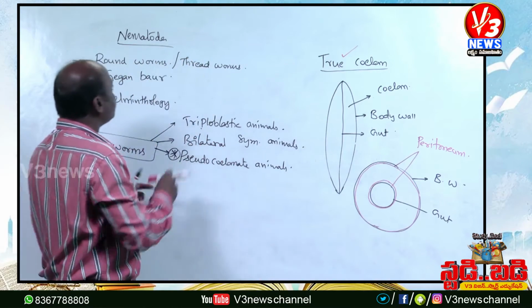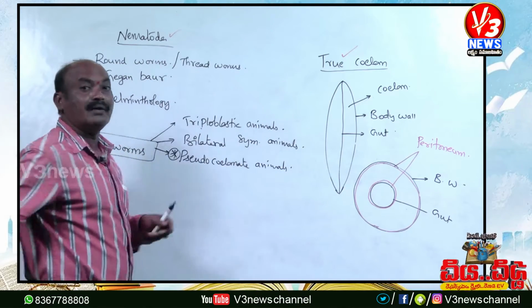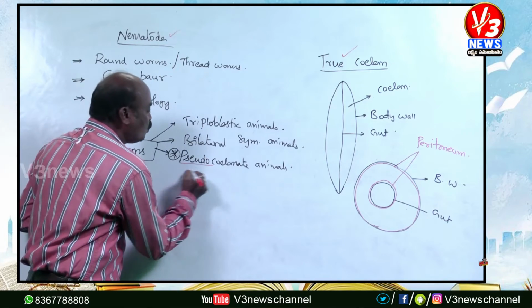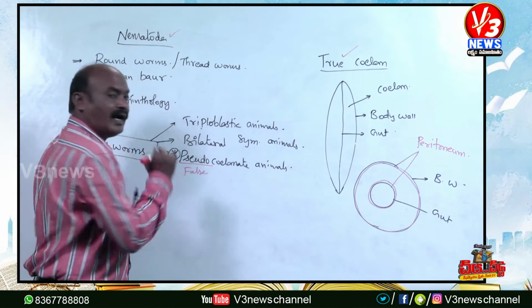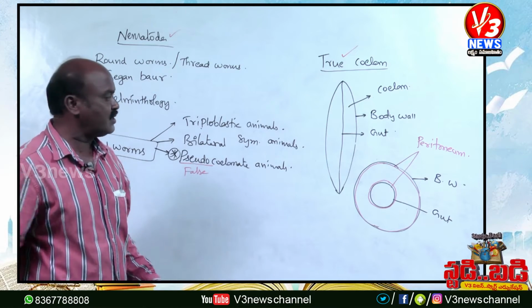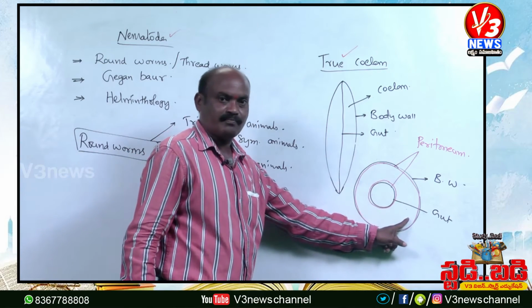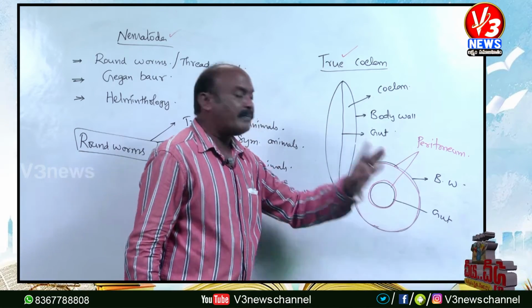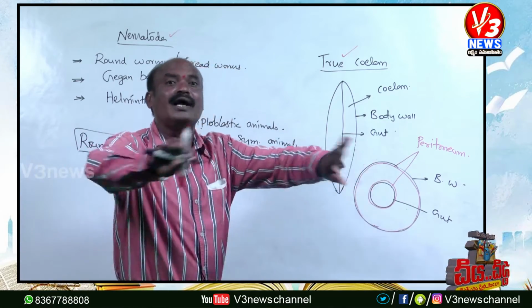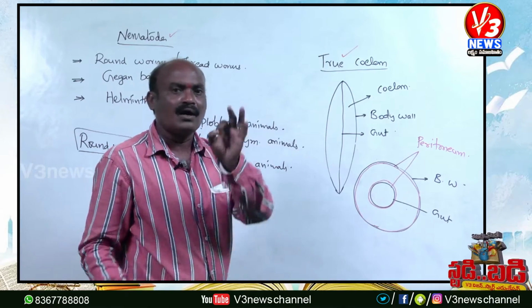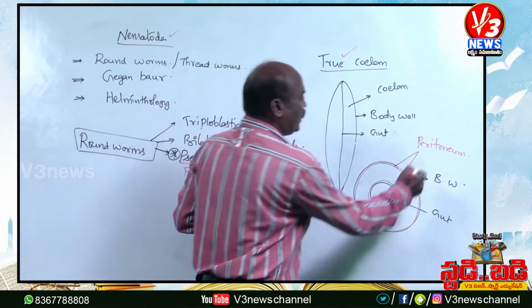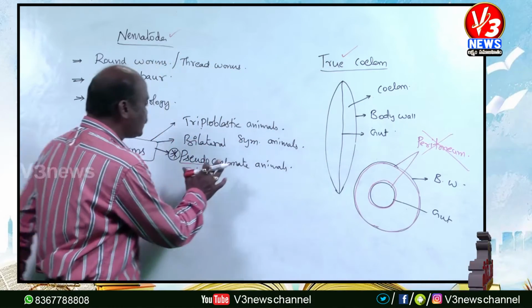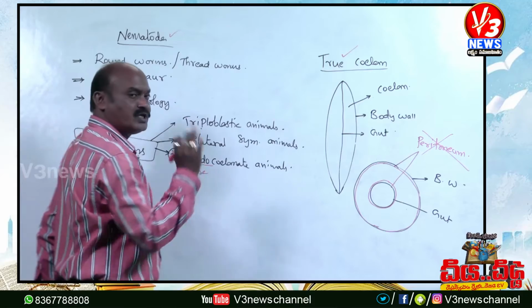But here we are discussing the phylum Nematoda. These nematodes are called pseudocoelomate animals. Pseudo means false. The space was there between the body wall and gut, but that space was not lined by peritoneum. There is no peritoneal lining. Hence these are called pseudocoelomate animals.